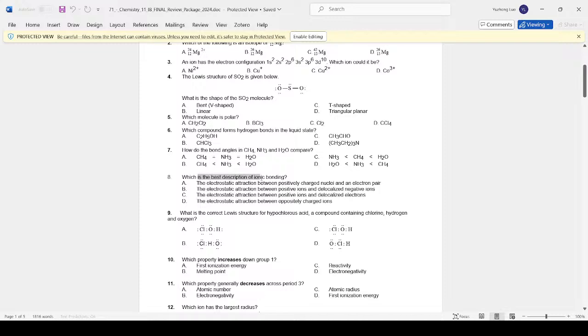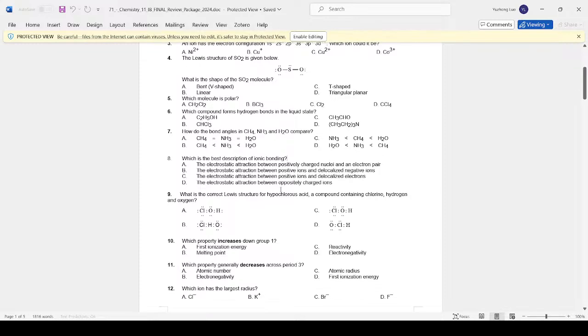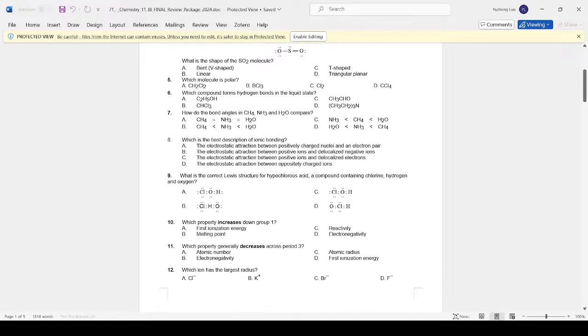Which is the best description of ionic bonding? Electrostatic attraction between oppositely charged ions. Yep. Correct Lewis structure for hypochlorous acid, a compound of chlorine, hydrogen, and oxygen.